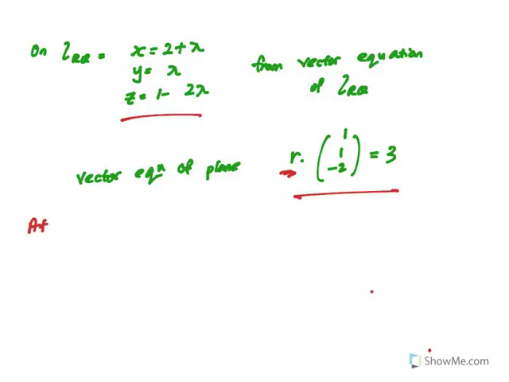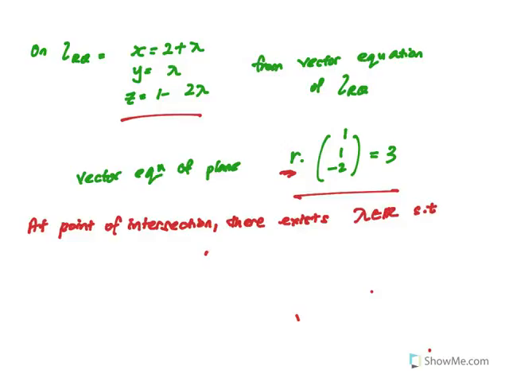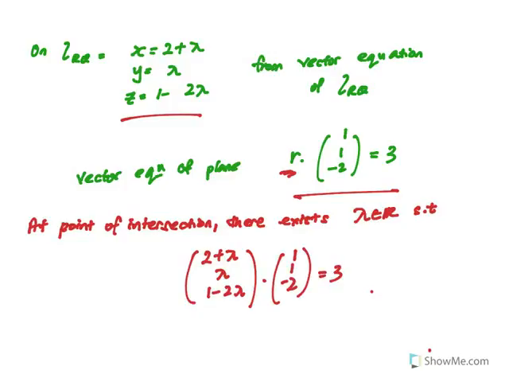At the point of intersection, there exists some lambda such that (2 plus lambda, lambda, 1 minus 2 lambda) dot (1, 1, -2) gives you 3. So x is 2 plus lambda, y equals lambda, z equals 1 minus 2 lambda.